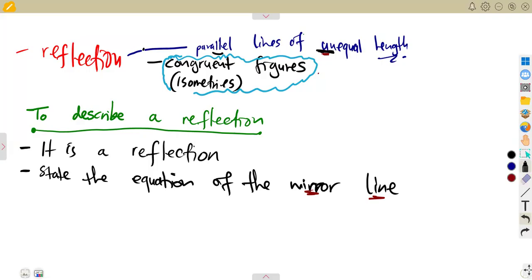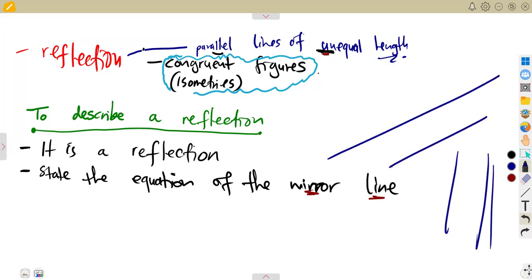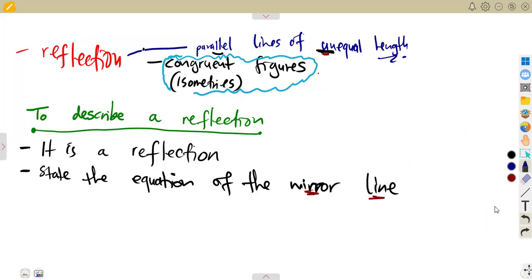Okay. The question now is, how am I going to determine the equation of the mirror line? It's a line, so we must determine the equation of a line. So make sure that you go back to your algebraic graphs. The equation of a straight line, remember y = mx + c.